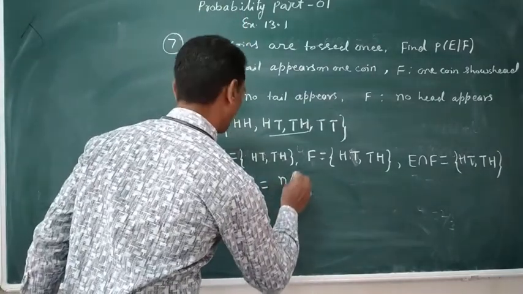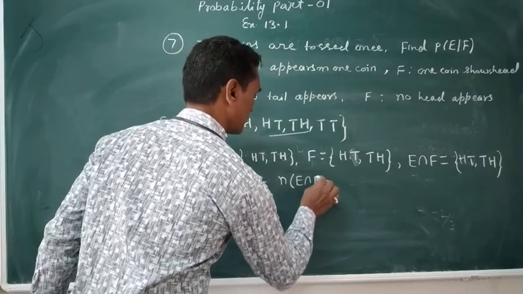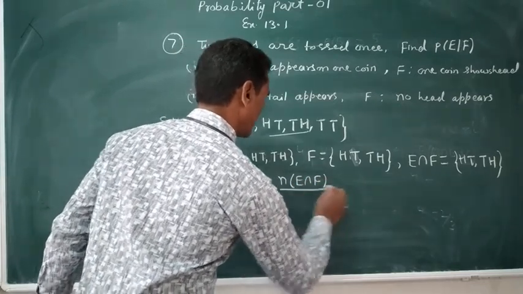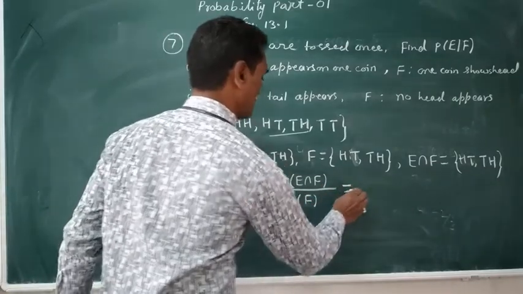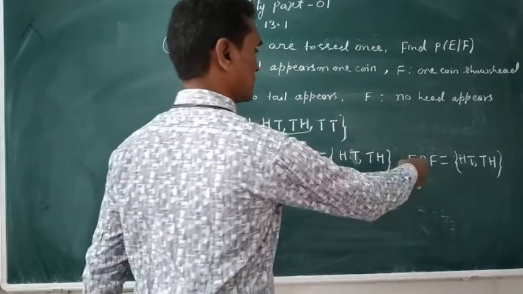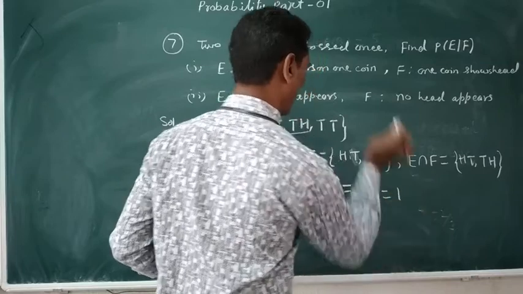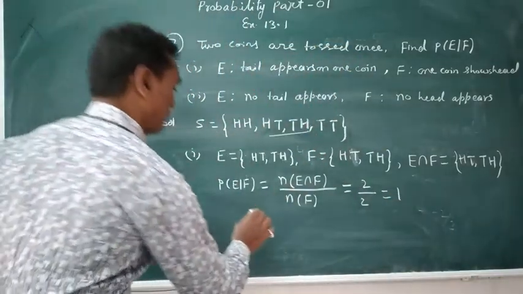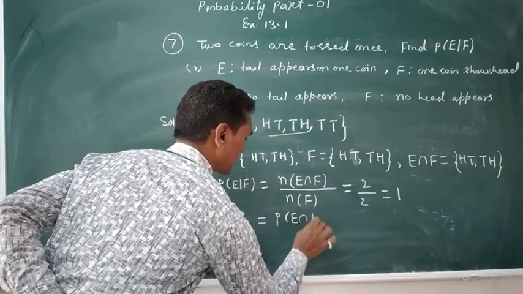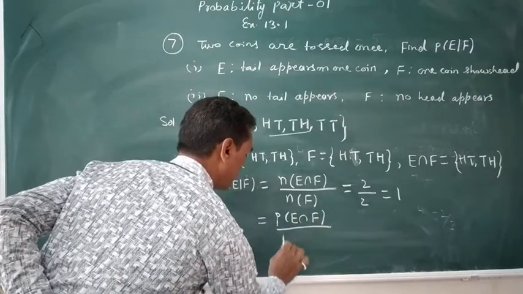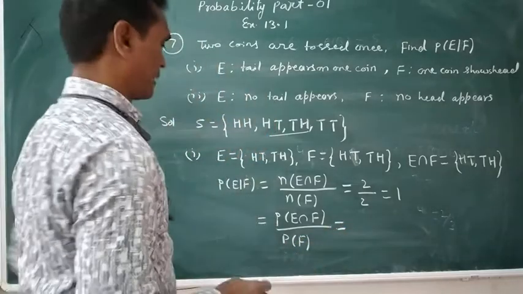So number of elements in E intersection F divided by number of elements in F. So number of elements 2 and here 2 is equal to 1. If you apply this formula, probability of E intersection F by probability of F, the result will be the same.